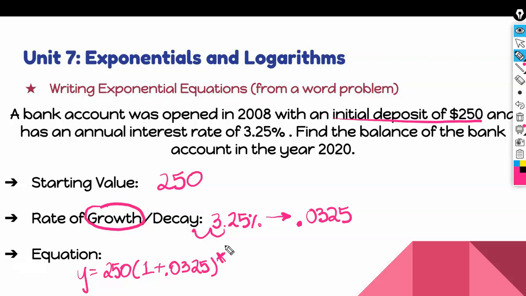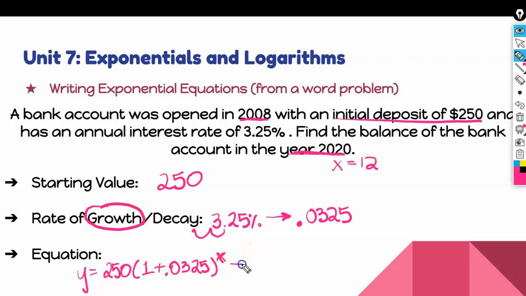Okay. Now, in this specific problem, it is asking you to find the balance of the bank account in the year 2020. I'm not going to plug 2020 in for X. I'm going to plug in 12 because it's been 12 years since 2008 when it is 2020.